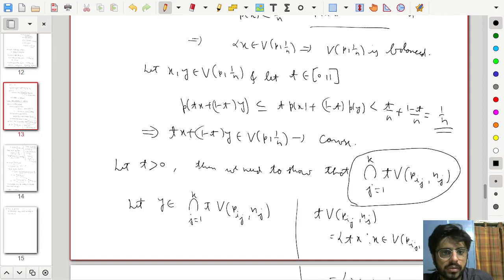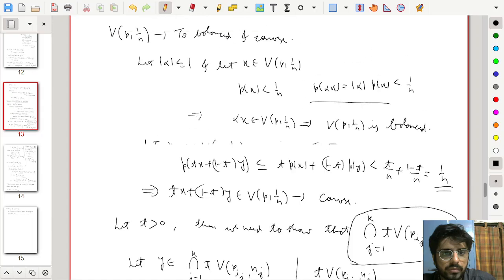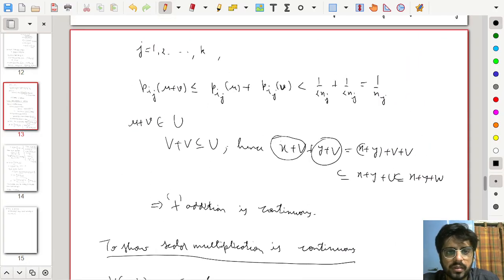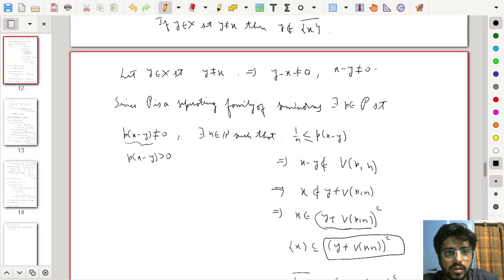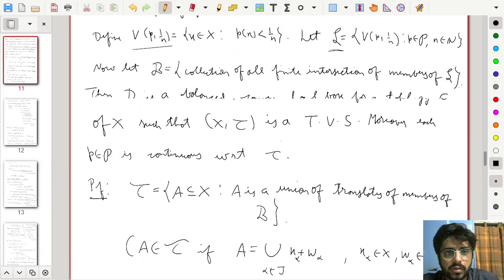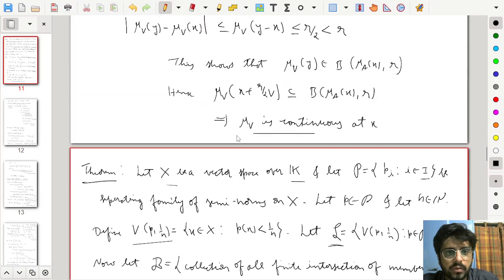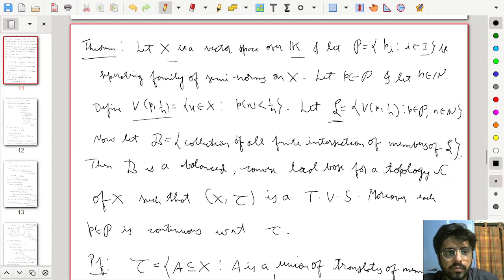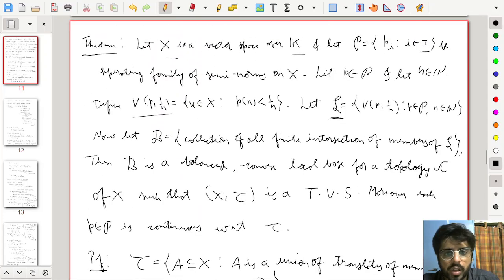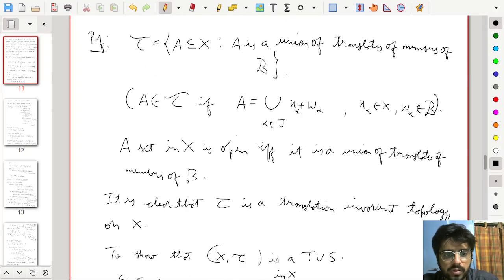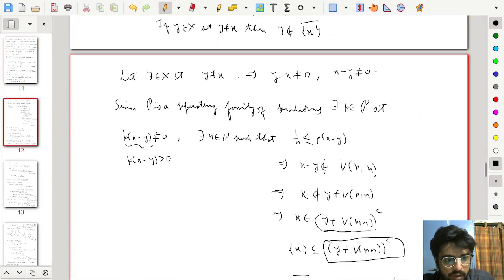I've changed it here as well. This is how we define V(p, 1/n). There is a problem here. This is 1/n, not 1.